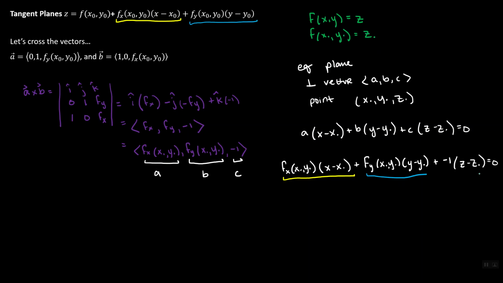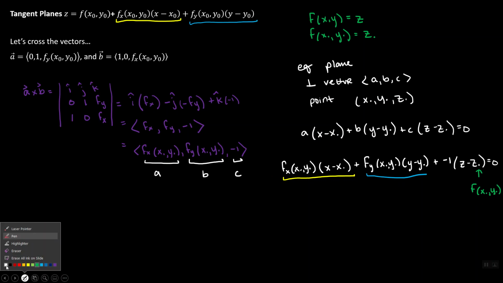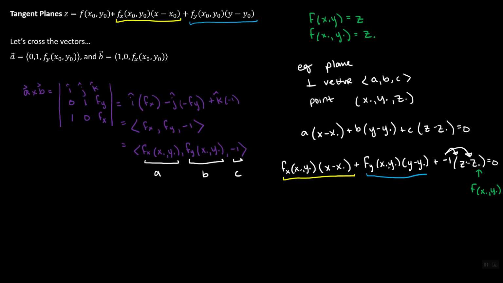So when I have z0 written over here in our calculation, that's really the same thing as f evaluated at x0, y0. So when we distribute our -1 on that last term and rearrange our equation, we do get exactly the same thing as the equation at the top of the slide.